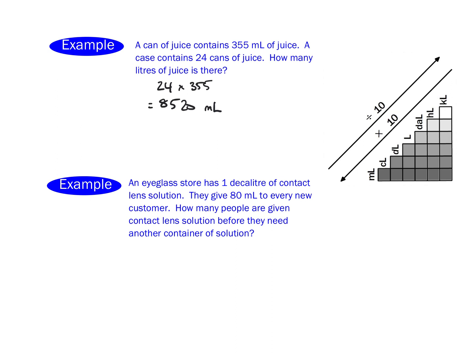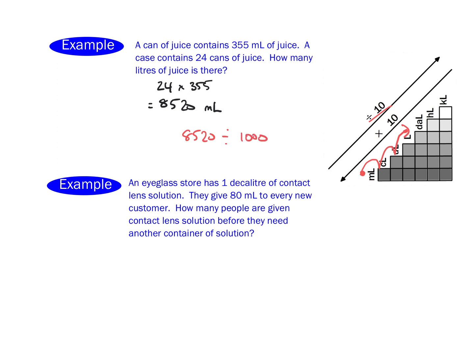Now, how many liters of juice is there? Well, we're going from mLs and we want to end up at liters. So we're going up 1, 2, 3 stairs. So we're going up, so that means we're going to be dividing by 10 each time. So we're going to take 8,520 and we're going to divide it by, now 10 3 times would be 1,000.